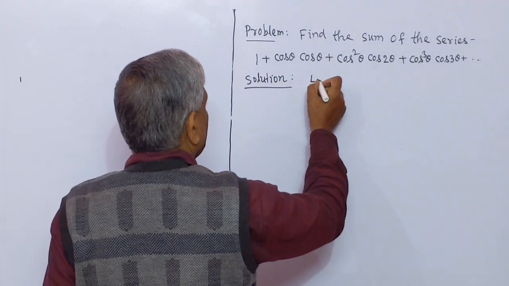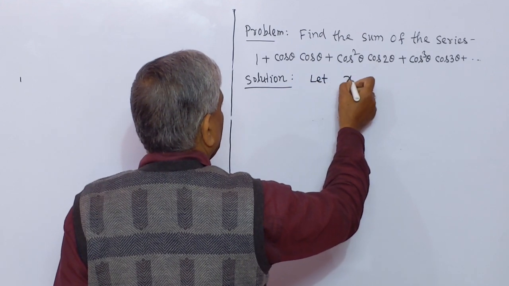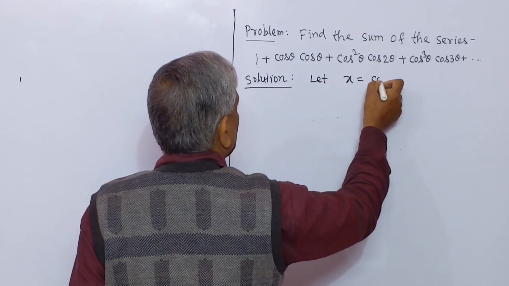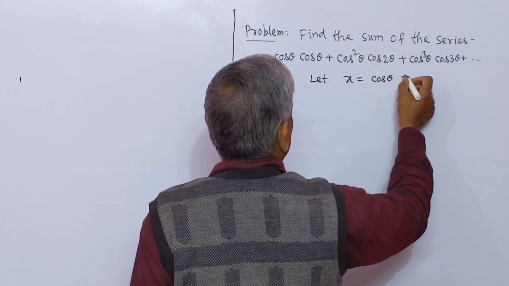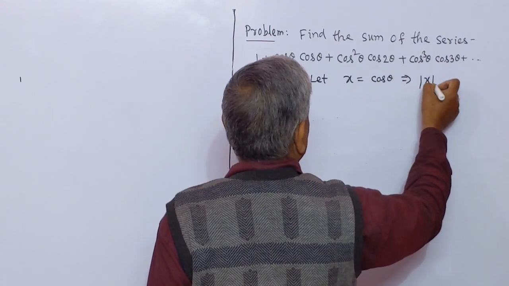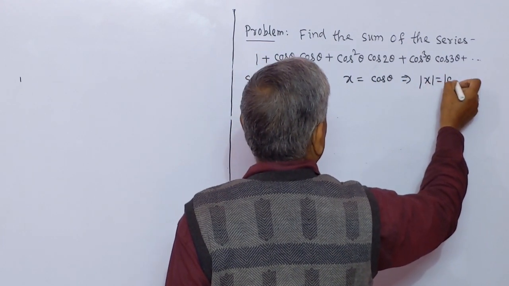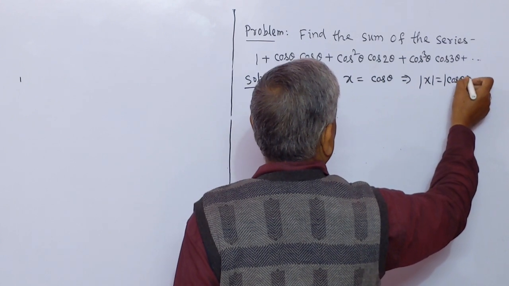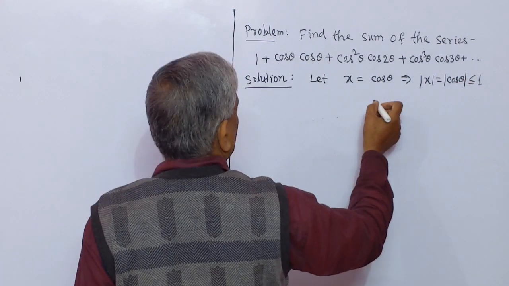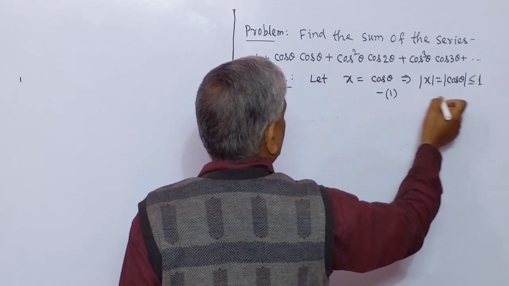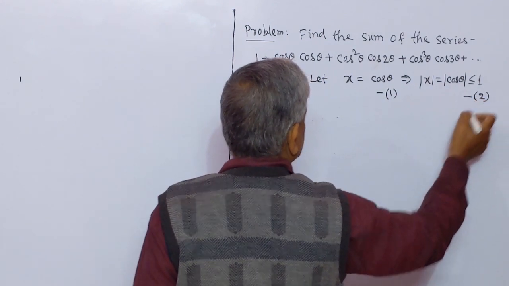Let x equal to cos theta, implies that modulus of x equal to modulus of cos theta. This is less than or equal to 1. This is number 1. This is number 2.